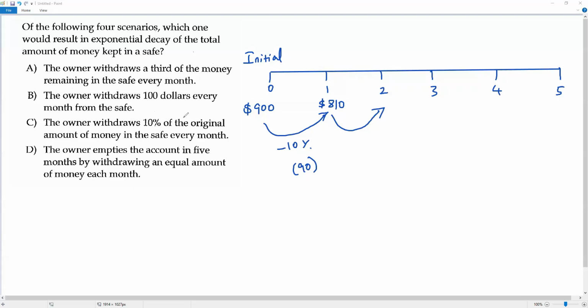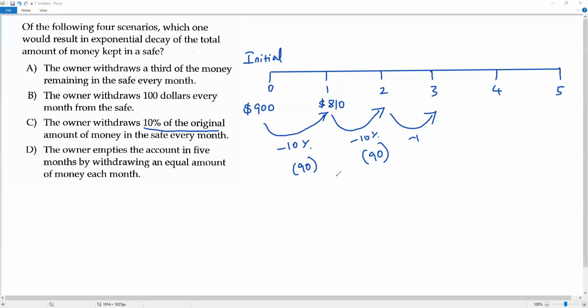At the end of the second month also, he withdraws 10% of the original amount, that is 10% of $900, again $90. What about the end of the third month? 10% of the original money, again $90. So every month he withdraws $90. There is a constant difference between the months, so clearly this one also shows linear decay.